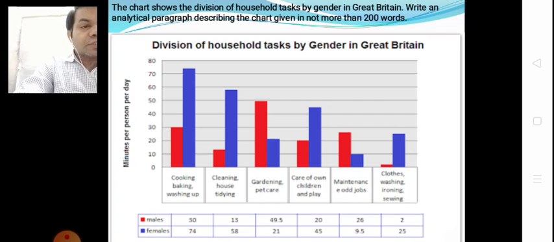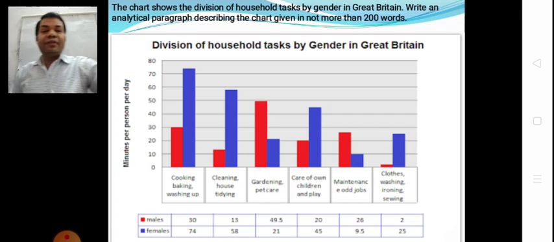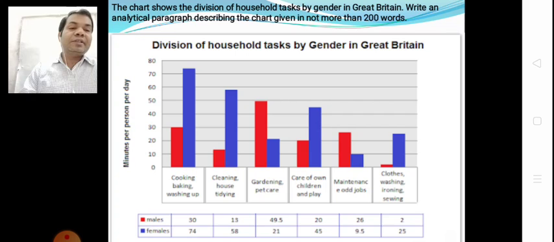So students, you can go through the information given in this chart. There are different household tasks, and information regarding the division of these tasks has been given in this chart. Using this information you have to develop an analytical paragraph. Let us begin.